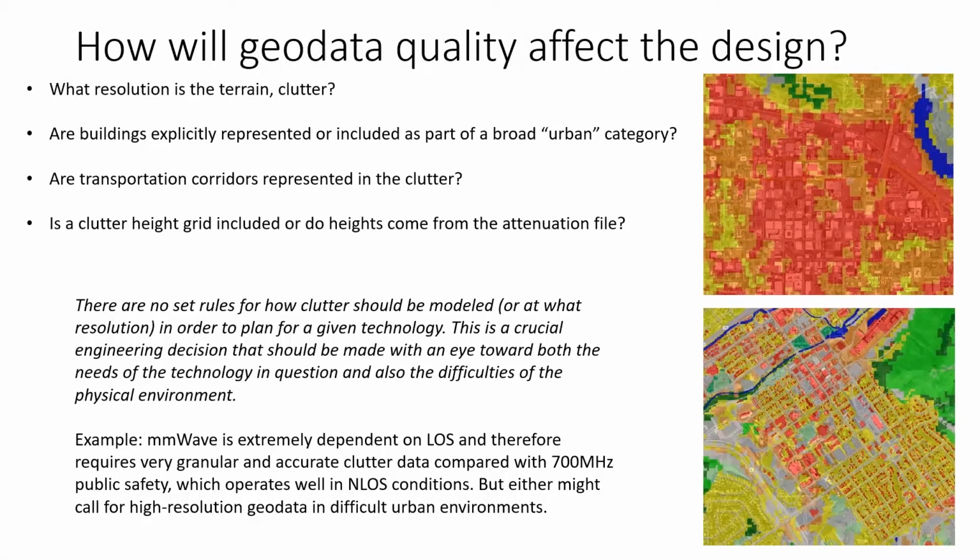Or if there's foliage, I would have an exact height associated with the foliage at those locations. And if I have that data available and at a fairly fine resolution, then I have an extremely detailed, extremely granular model of the environment. And I should be trying to leverage that when I set up my propagation model options. And when I set up the study types, I want to make sure and really leverage all of the detail of that database.